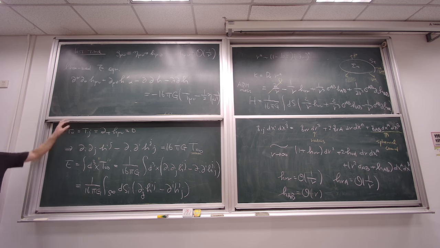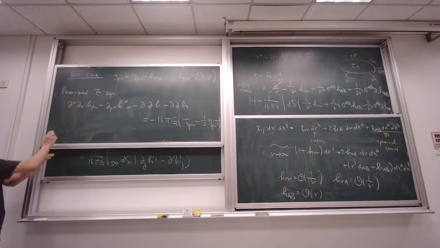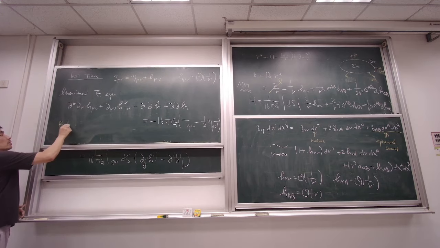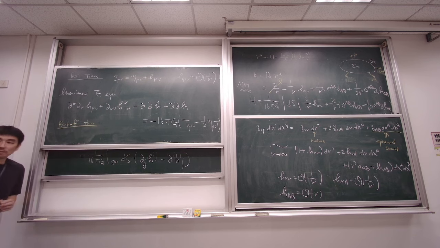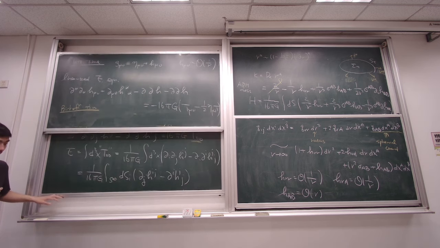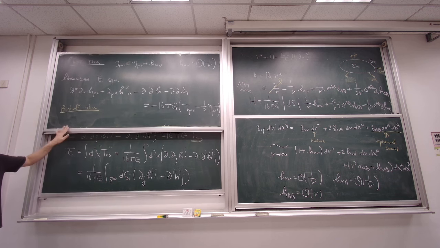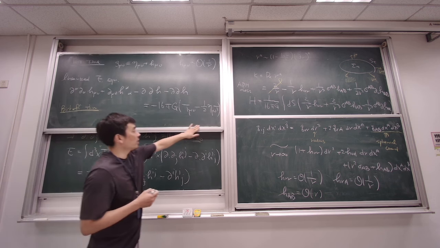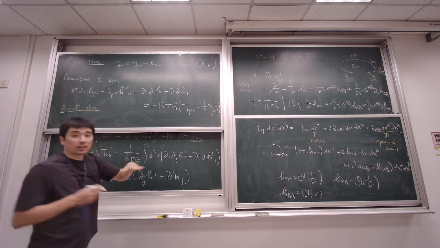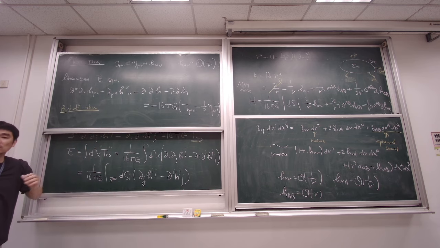As we know, the Birkhoff theorem tells us that if you assume spherical symmetry and stationarity, then the metric is asymptotically Schwarzschild.